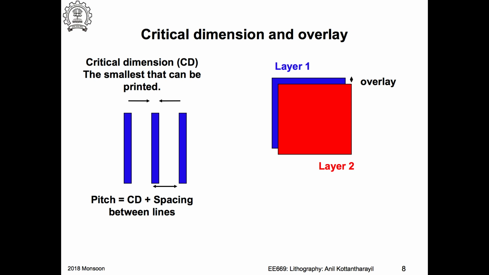Now, a very important thing to think about: let us say I have these two lines on my mask, and then I printed this on the wafer and the photoresist, and after developing and so on, I got some features, and they look something like this, slightly larger, for some reason, we don't know.